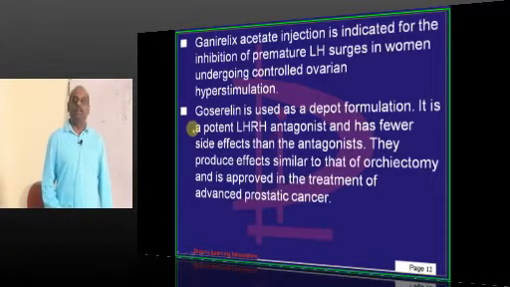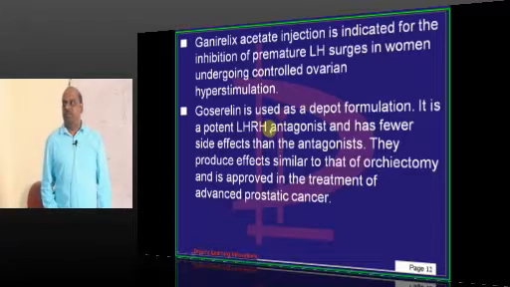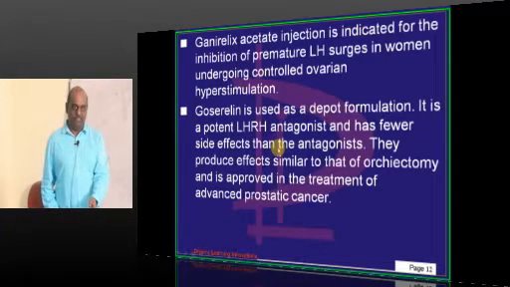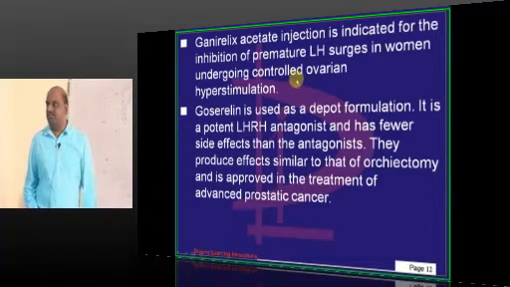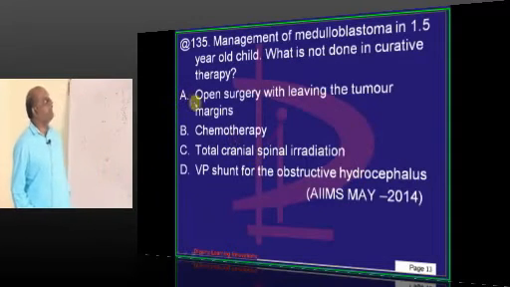Hypothalamus. That LH-RH analog, if you give, you can decrease the LH production, you can affect the testosterone production, and if testosterone is not there, growth of prostate is further not supported. That's the idea, right? So that is the one which is being used.